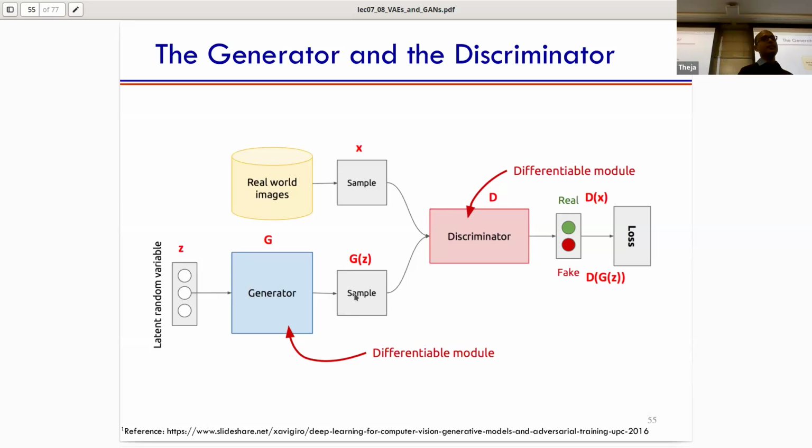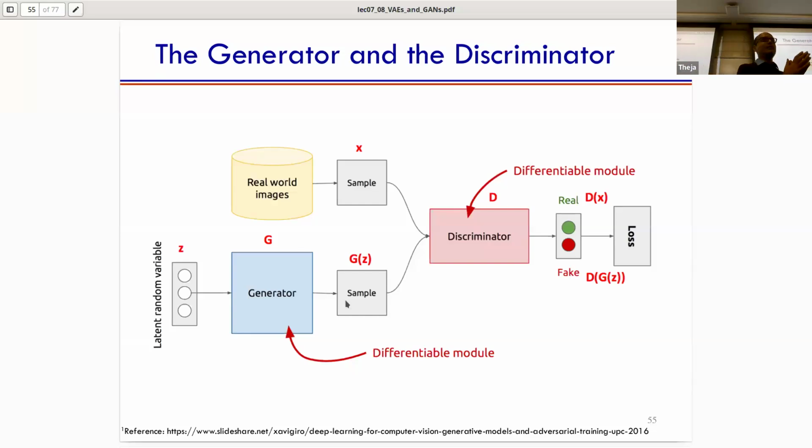Okay. And note that unlike a VAE, if I give X to the discriminator and the discriminator says it's actually real, the generator is not trying to create some sort of a reconstruction of X. There's no correspondence between the training data X's and the generated data. So there's no X hat, very similar to what we had in VAEs.